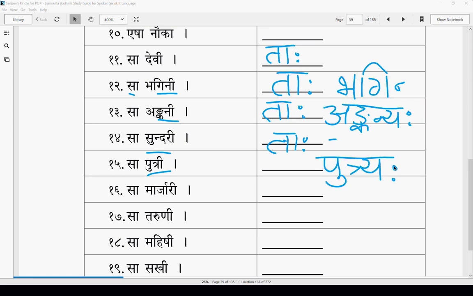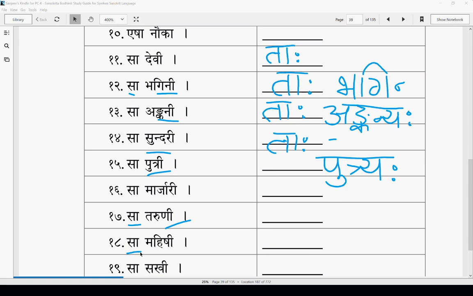Sa Marjari changes to Etaha Marjaryaha. Sa Taruni changes to Etaha Tarunyaha. Yes.